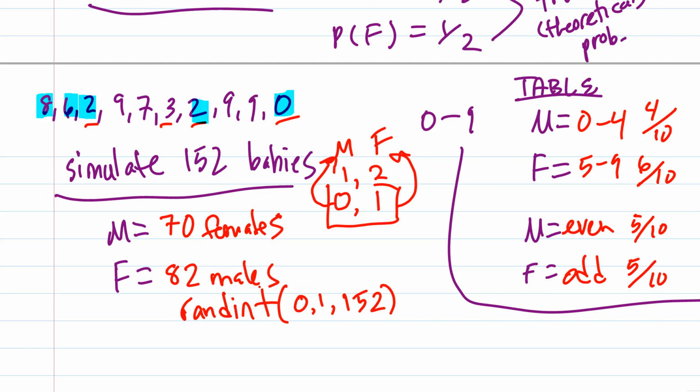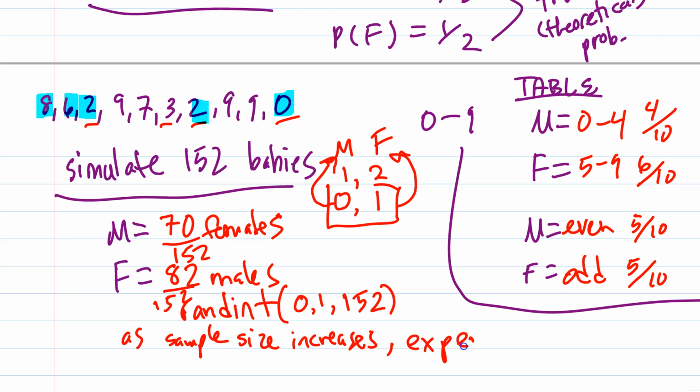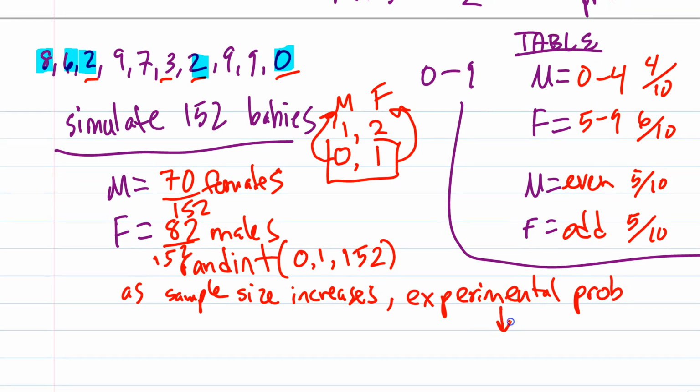Is that exactly 50-50? No. But if we did this over and over and over again, then our experimental probability basically gets closer and closer to the theoretical.